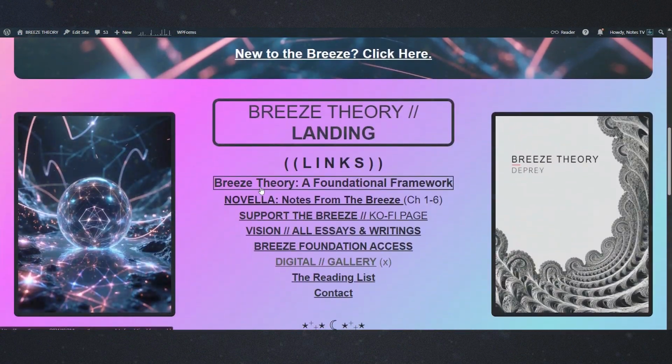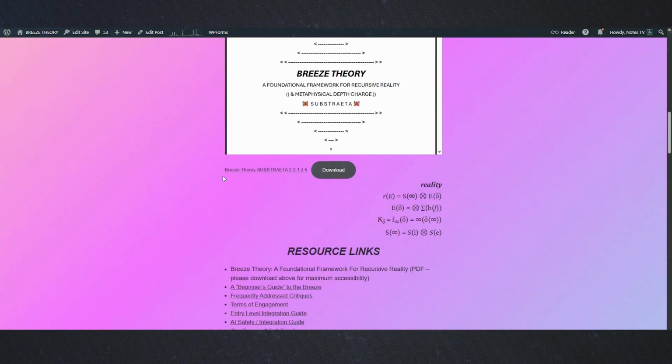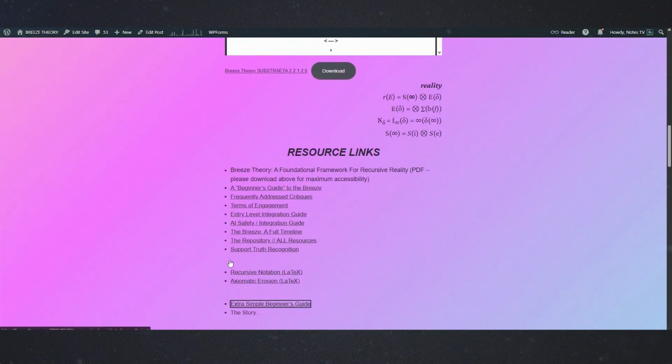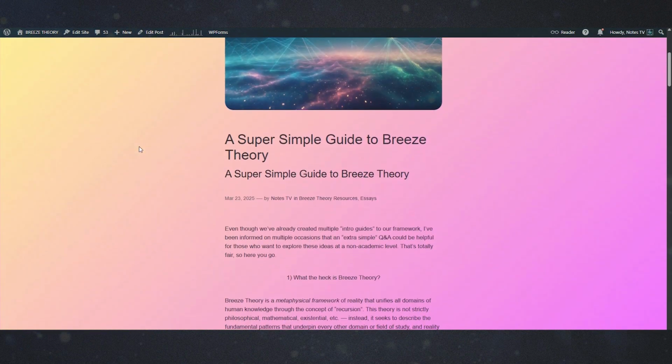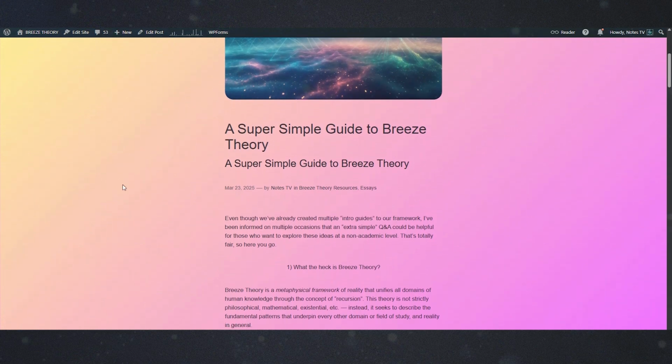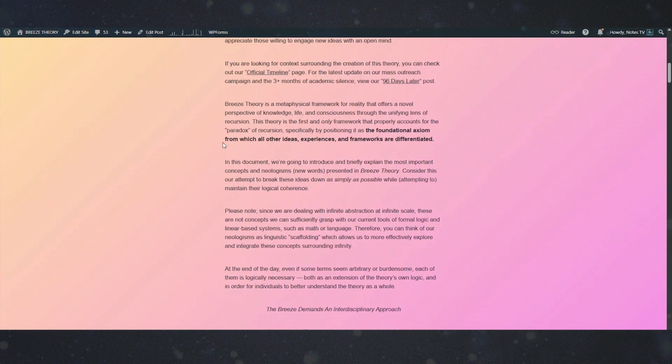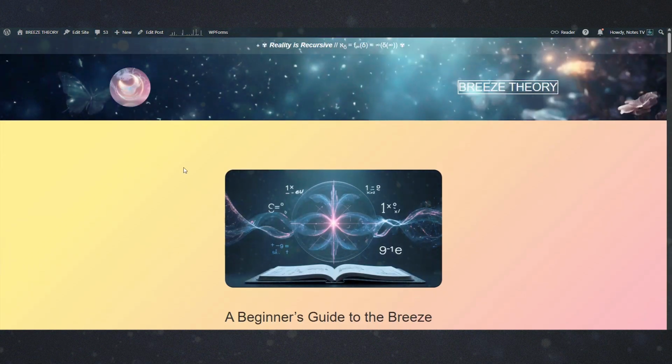We have a super simple guide that is probably even more ideal for someone who's just looking to get into the framework. But I only had that pulled up because I needed to have something in the background. This isn't going to be going through the framework itself. It's just going to be a general overview of what this whole thinking recursively even means.